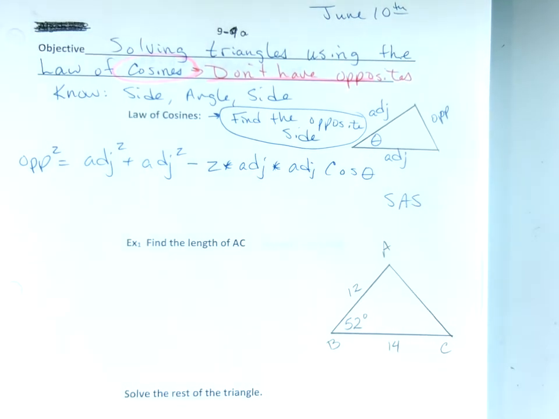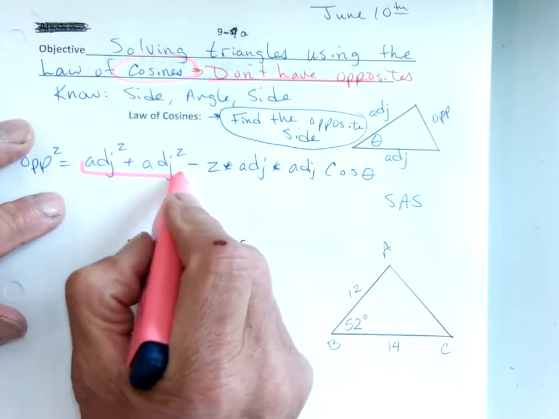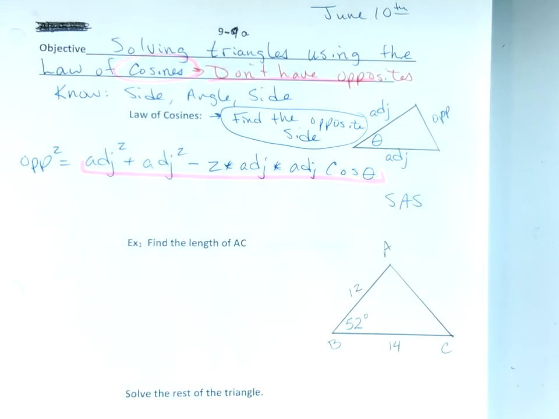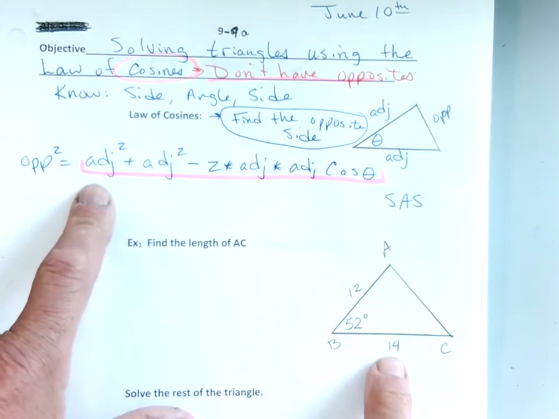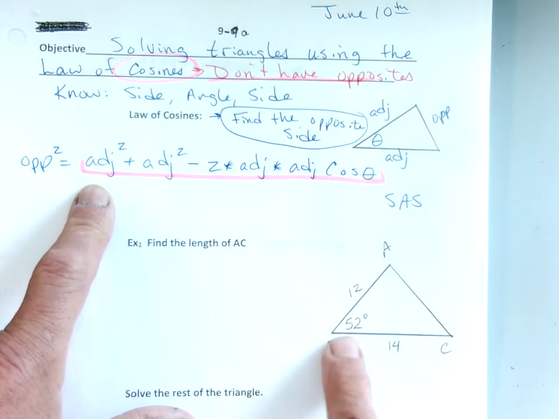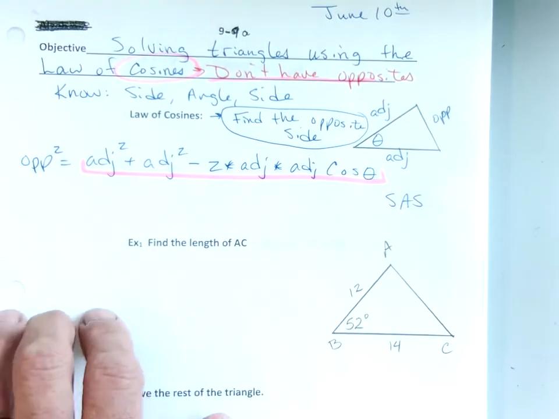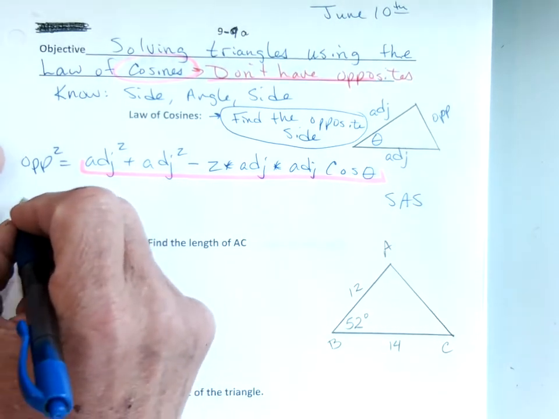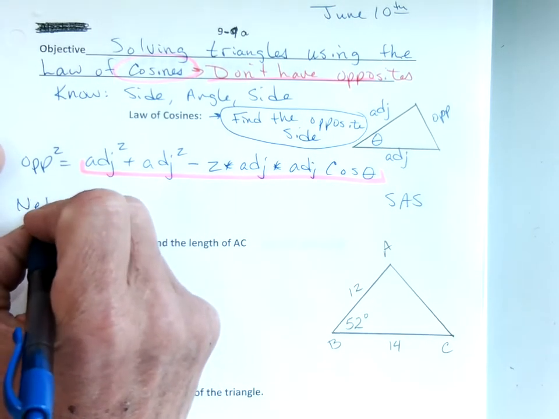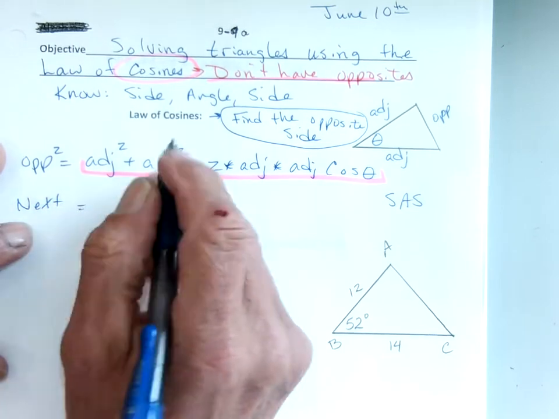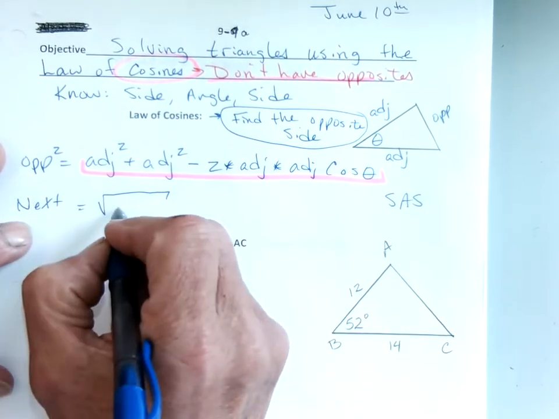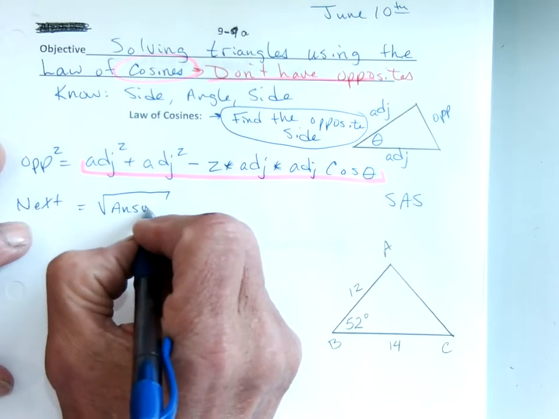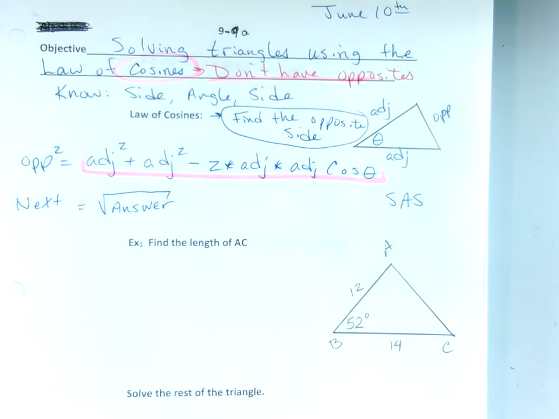We put all of these numbers into the calculator; in example 1, that would be the 12, the 14, and the angle 52. When we get done, it's still opposite squared. So this takes 2 steps: you take the square root of this answer. So it's going to take 2 steps, okay?